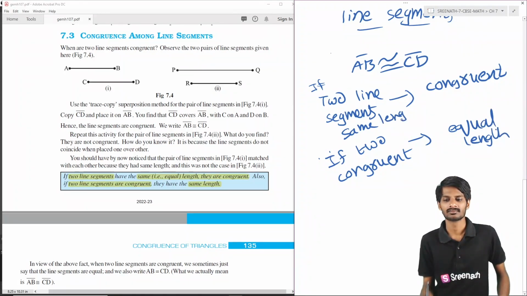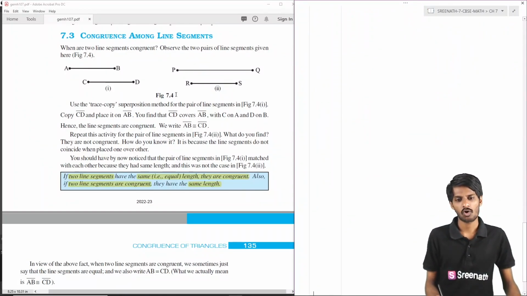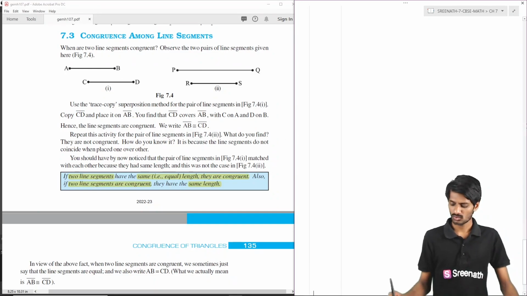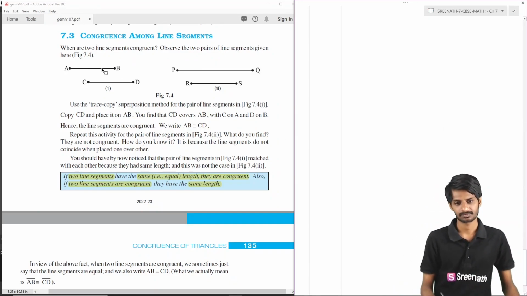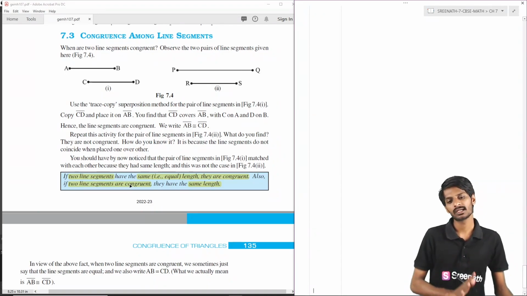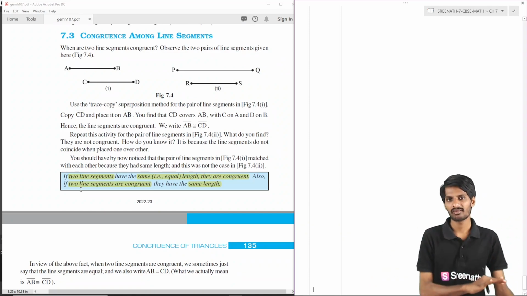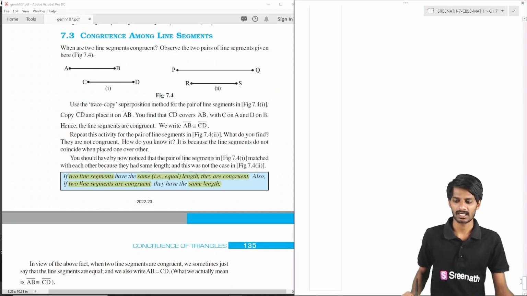Students, can you understand it? So, congruency among line segments: if two line segments have the same length, equal length, then the two are congruent. Otherwise, if the line segments are congruent, then we can say that they have the same length. These are the two conditions, students. Line segments having equal length are congruent, and whenever they are congruent they are equal. That is the case we are taking.